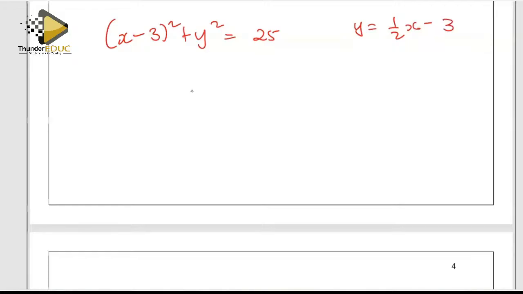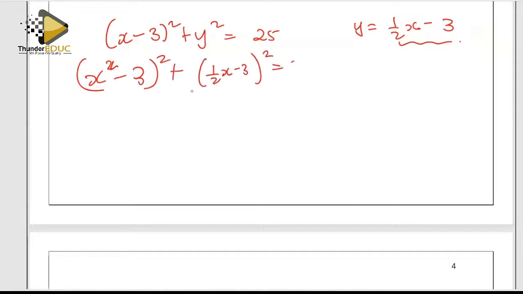Okay, so where there is y, I'm going to put that, and then we see what happens. So x minus 3 squared plus a half of x minus 3 squared gives us 25.